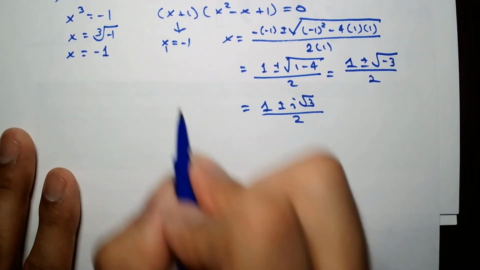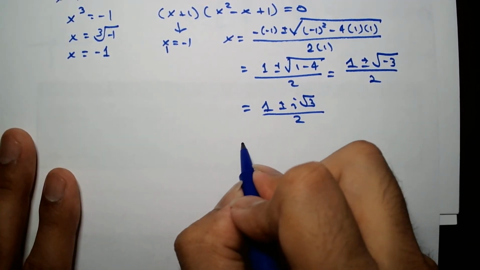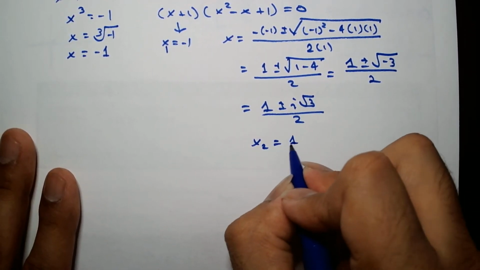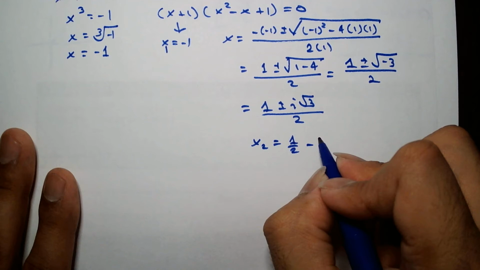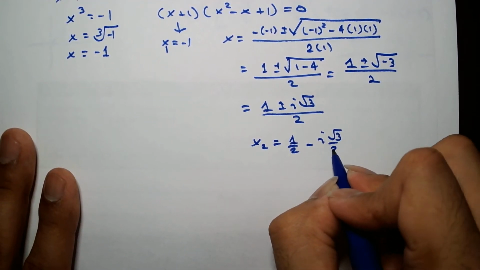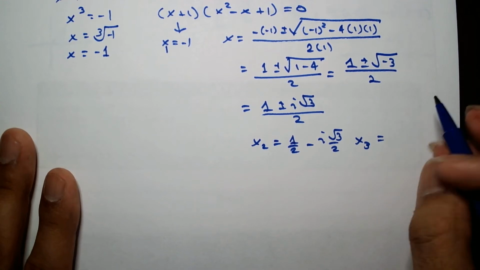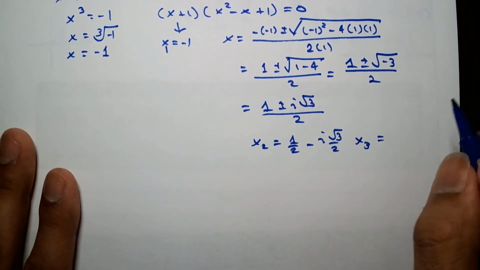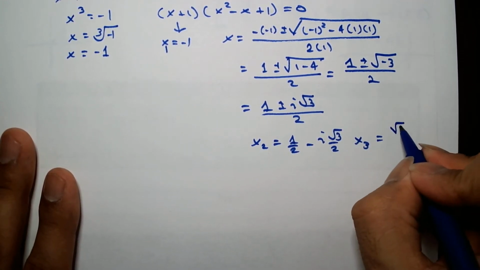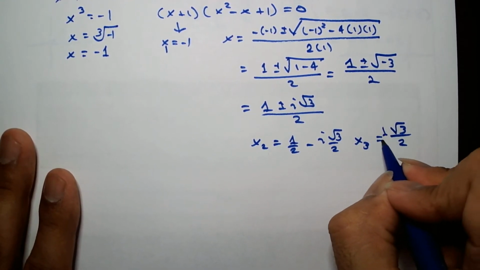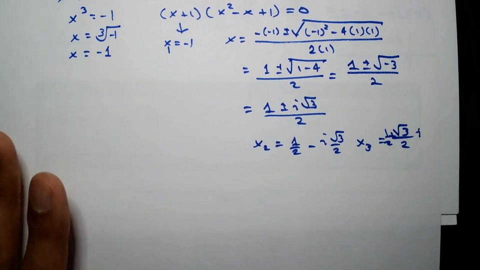So that's x1, which is negative 1. The other solutions would be x2 equals 1/2 minus i root of 3 over 2, and x3 equals 1/2 plus i root of 3 over 2.